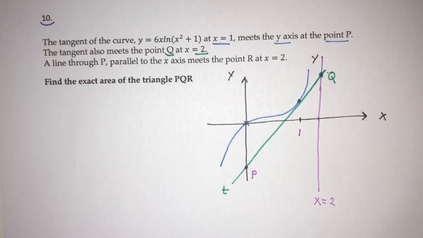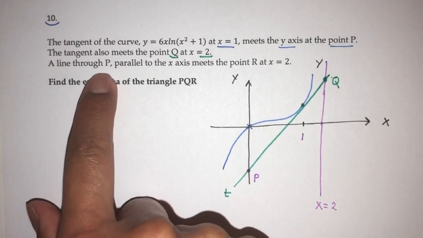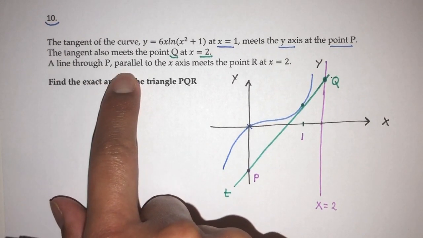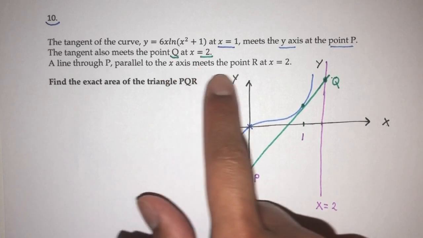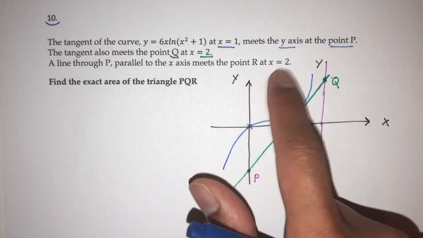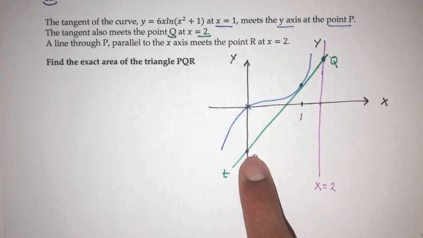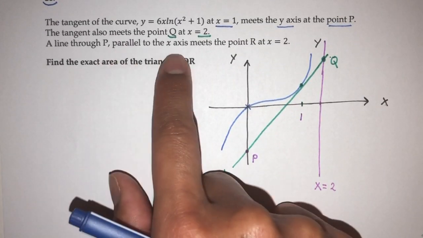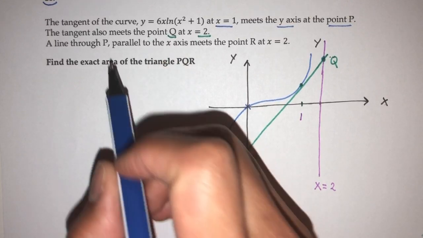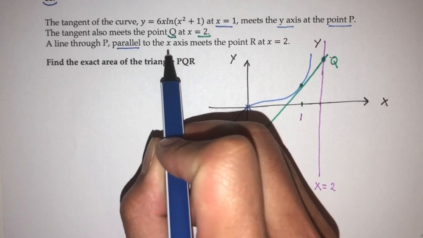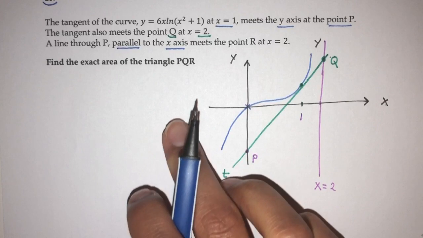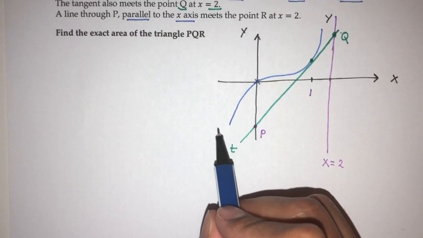Now, finally, a line through P parallel to the x-axis meets the point R at this value. Pretty easy. At the point P, we have a line which is parallel to the x-axis, which means the same direction as the x-axis, a flat line.